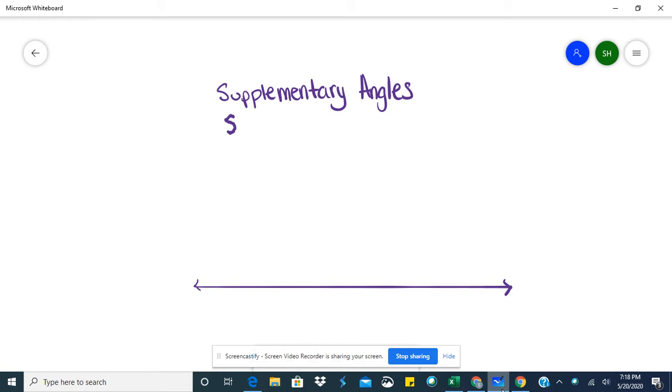S for supplementary gets turned into an 8. So 180 degrees equals supplementary.